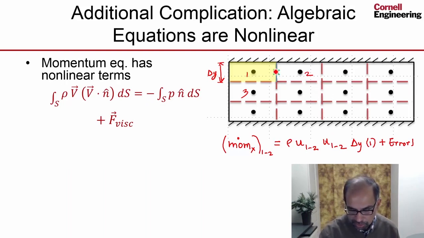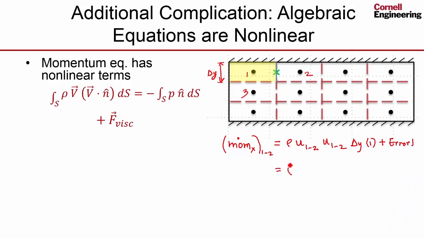And for u12, the velocity here, we'll just interpolate between 1 and 2 like we did before. So rho u, the velocity over here, is just u1 plus u2 divided by 2.